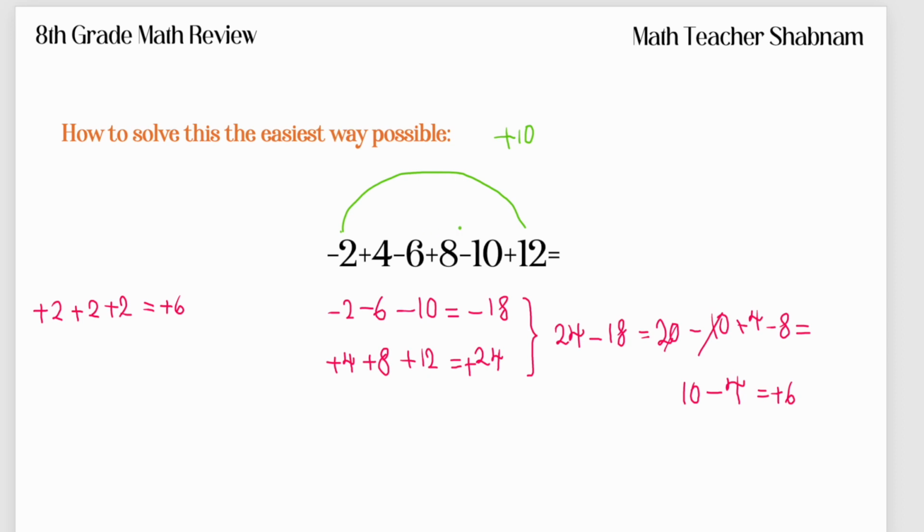I can have positive 4 and negative 10 added together. That's going to give me a negative 6. And the last two numbers, negative 6 and positive 8. That's going to give me a positive 2. I'm looking at a 12 minus 6, which is just positive 6.